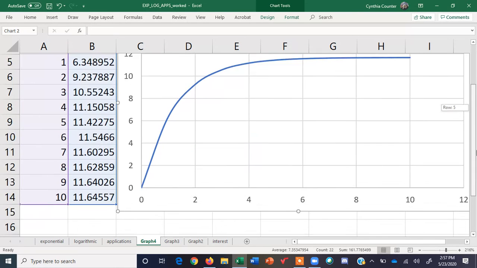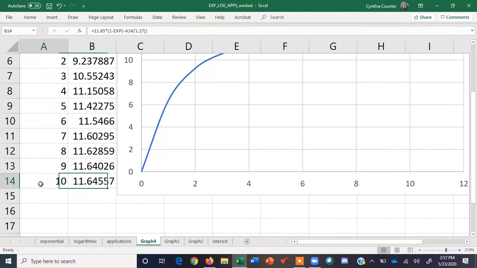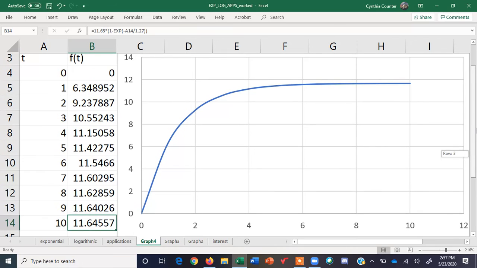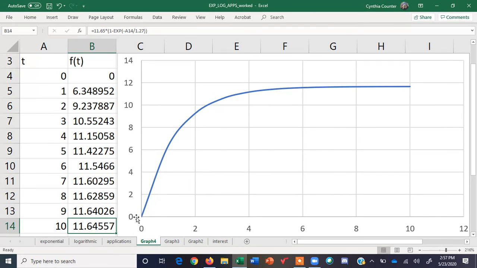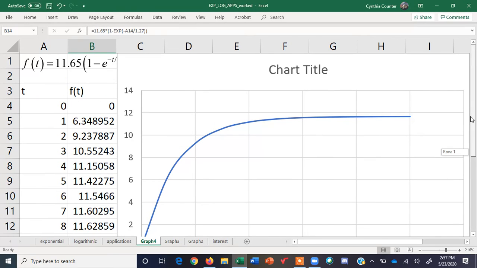Right, so if you look down here, by 10 seconds we've reached the 11.65. So another logistic function increases rapidly and then flattens off to an upper bound. So according to this model, he would not run faster than 11.65 meters per second. All right, very good.